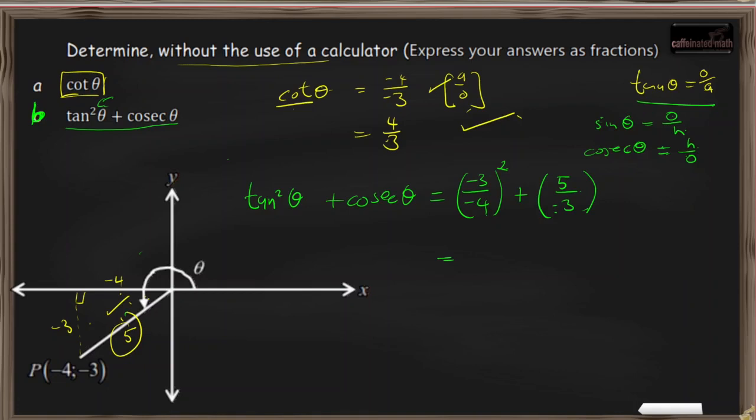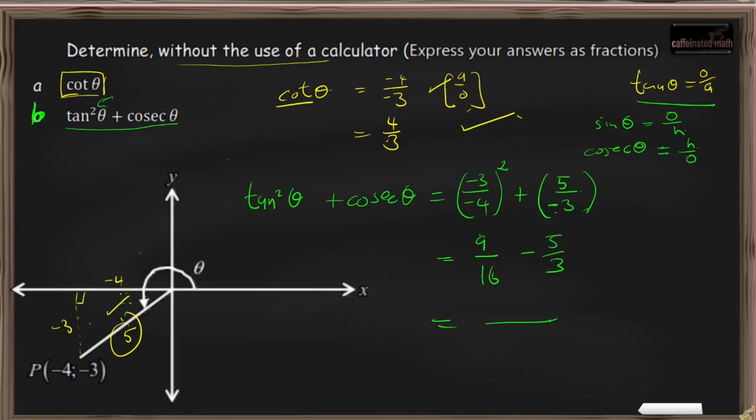Well, tan squared is going to be 9 over 16, opposite over adjacent, yeah, that was good, plus, because a positive and a negative, when multiplied gives us a negative, 5 over 3.